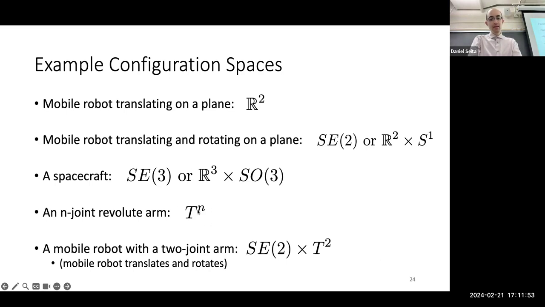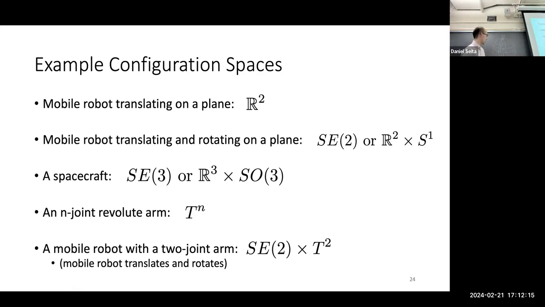And T is just the combination of different S1s. If you have T to the n, it's S1 crossed with S1, and so on, n of these things.